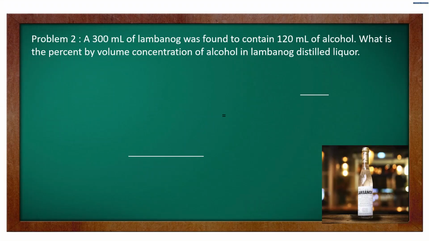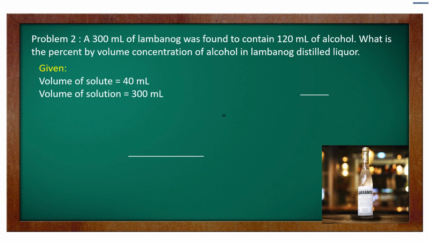Now let's solve a problem involving lambanog. A 300 ml of lambanog was found to contain 120 ml of alcohol. What is the percent by volume concentration of alcohol in lambanog distilled liquor?